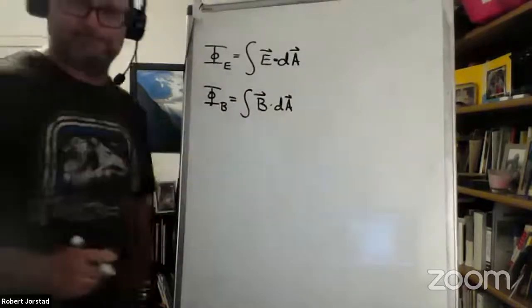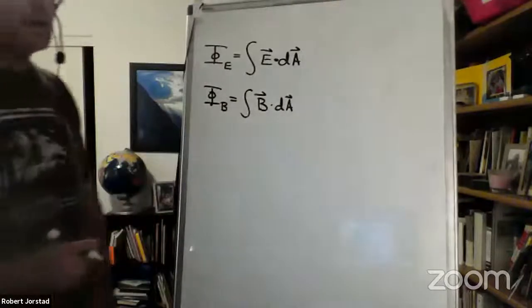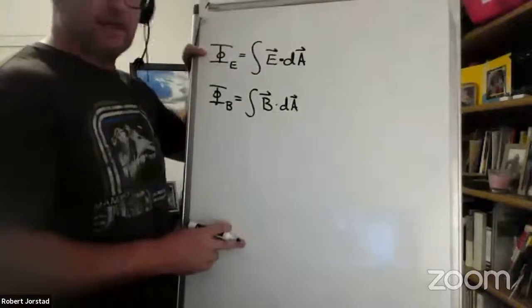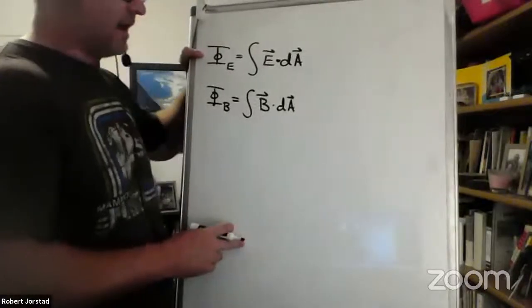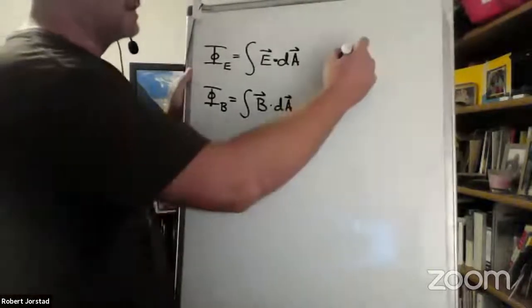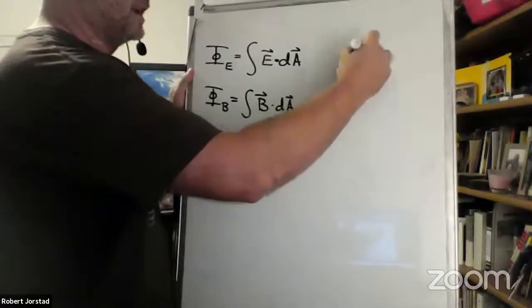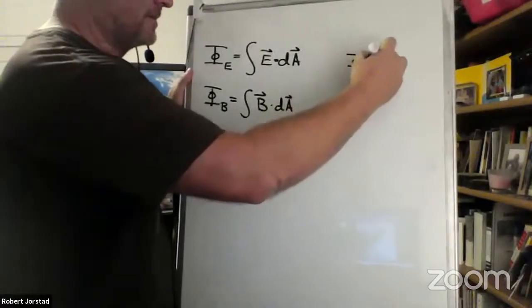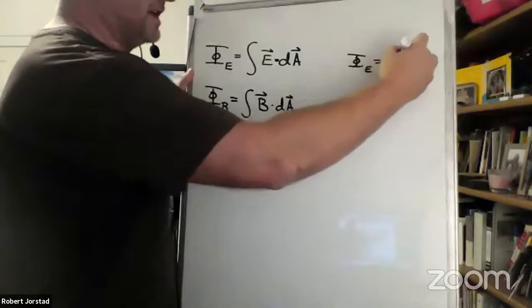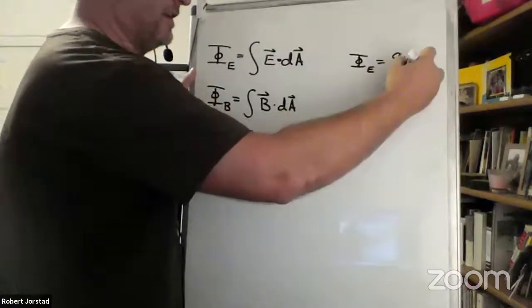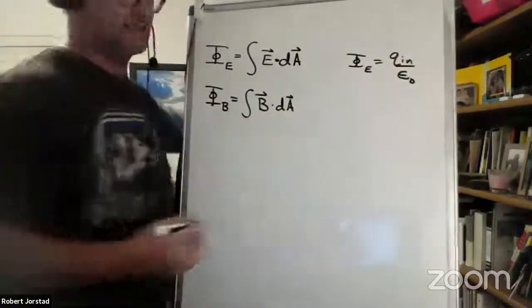All right, that's cool. Now, earlier we used the electric flux, right? We used this and we said that basically electric flux is equal to Q enclosed over epsilon naught.